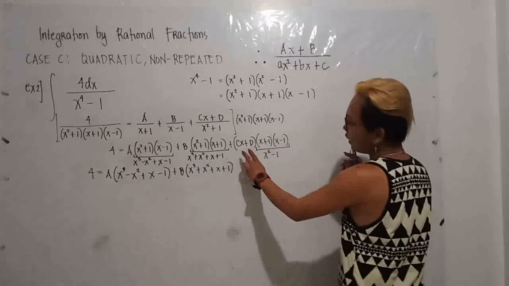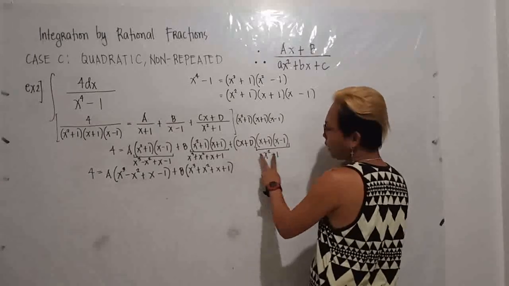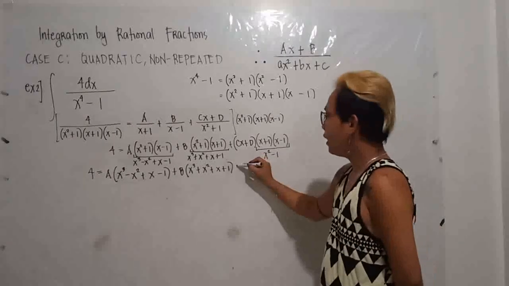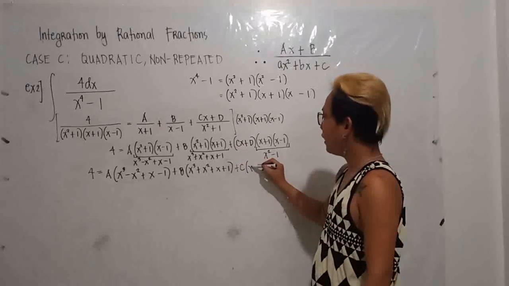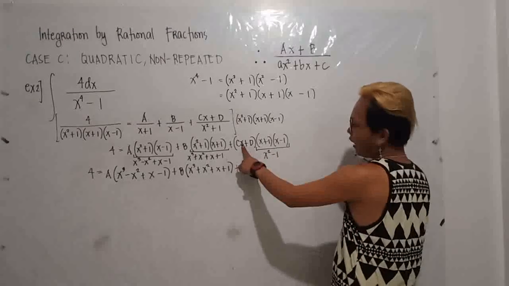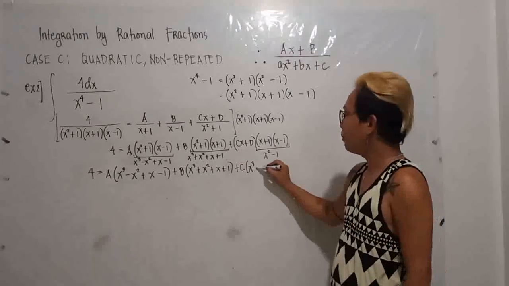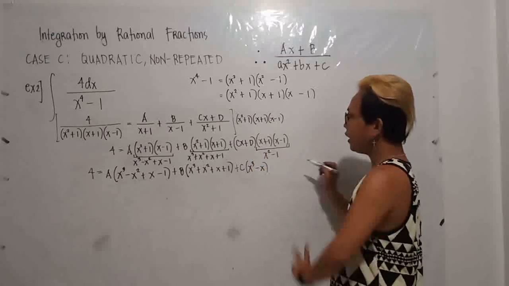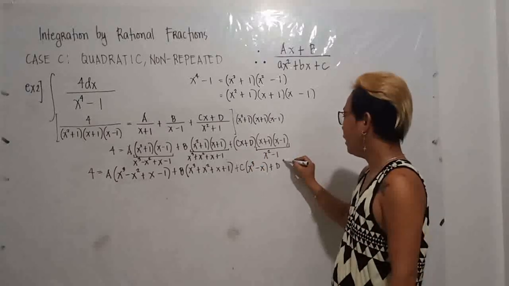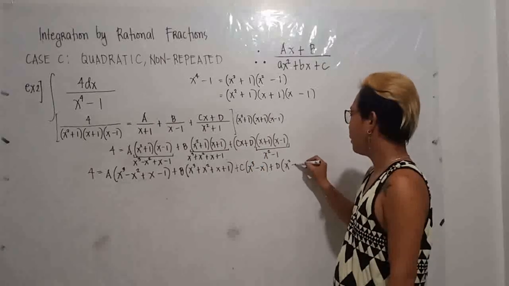Then pagdating kay C, you will have Cx multiplied to this one, so that is plus C. Then x multiplied to x squared, so that is x cubed. Then x multiplied to negative 1, that's minus x. Then pagdating kay D multiplied to this term, you will now have D multiplied to x squared minus 1.